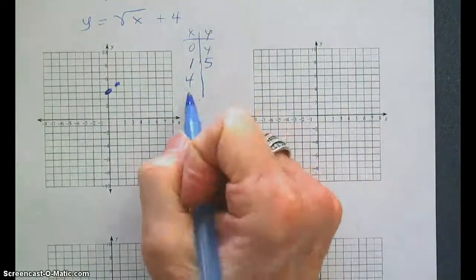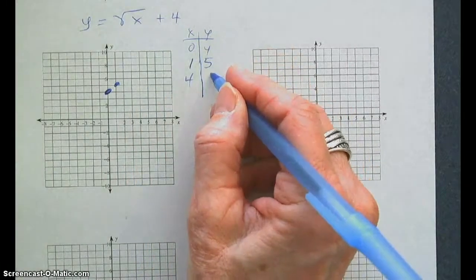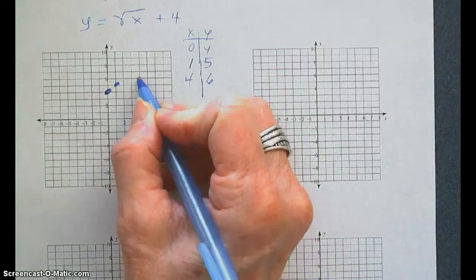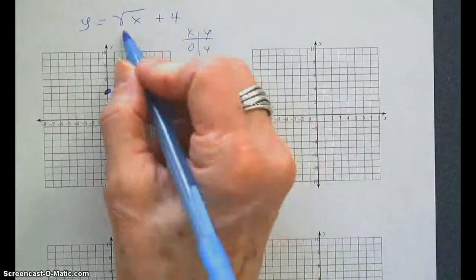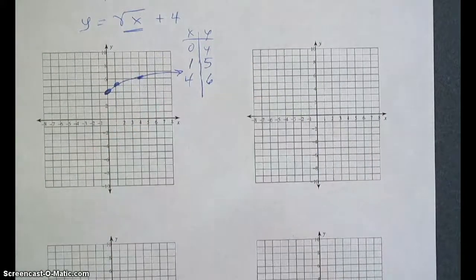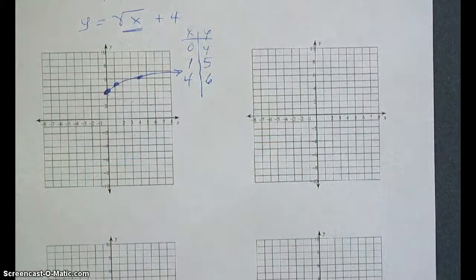And why did I pick 4? The square root of 4 is 2, and 2 plus 4 is equal to 6. So we're going to come all the way down here to 4 and graph 6. And remember, the square root looks like half of a u. That other half is there, but we don't draw it in because then it would not be a function.